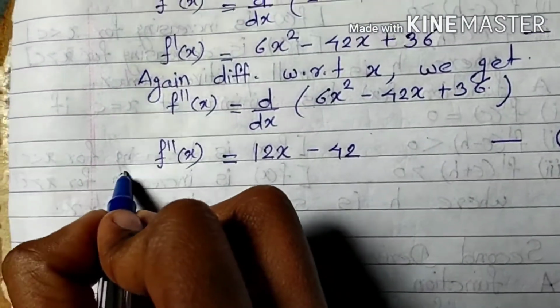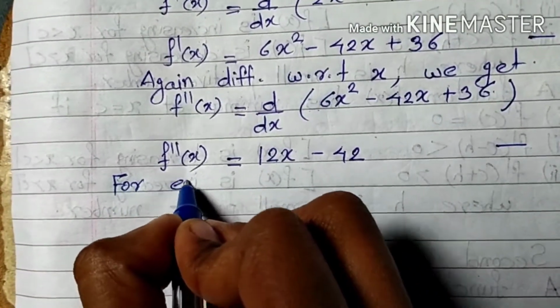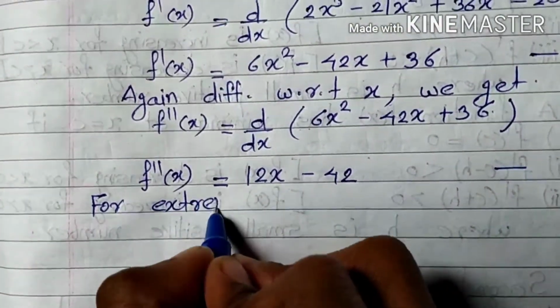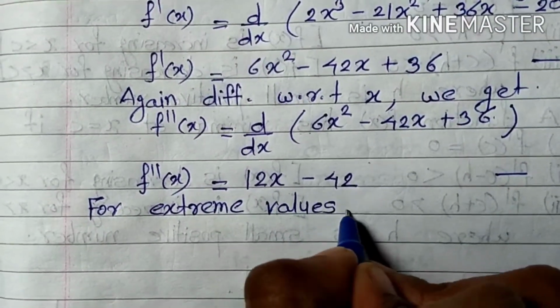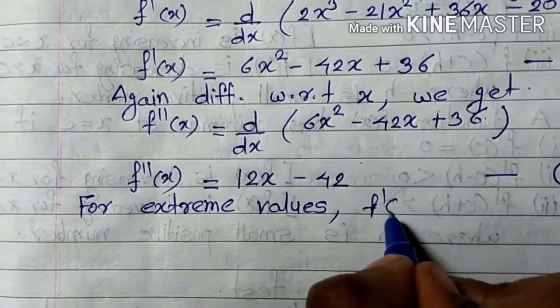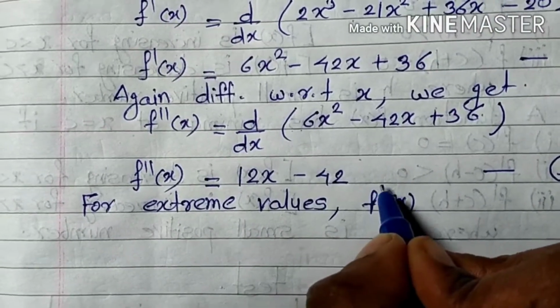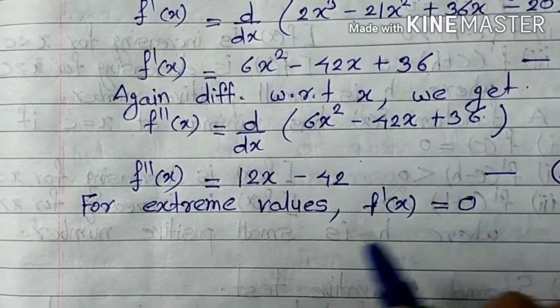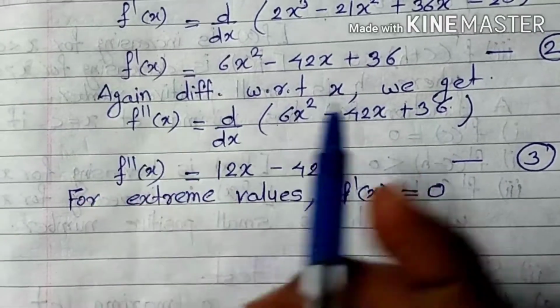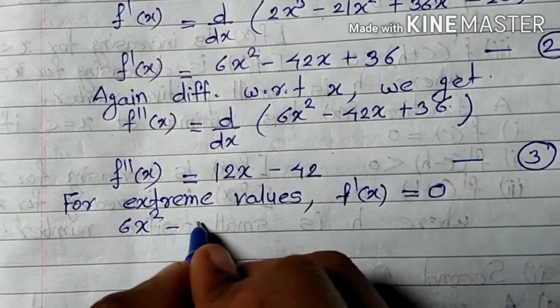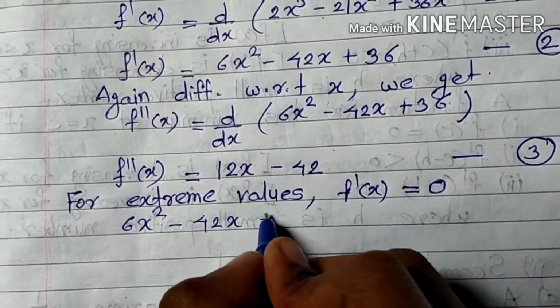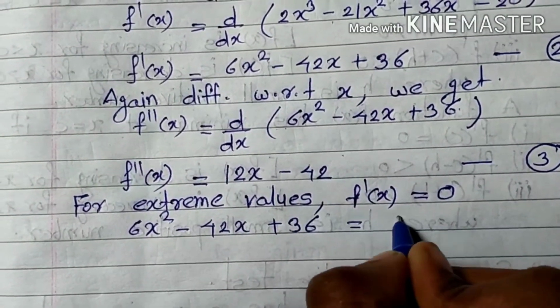For extreme values, take f dash of x equal to 0. So what is f dash of x? This is f dash of x. So take it as 0: 6x square minus 42x plus 36 equals 0.